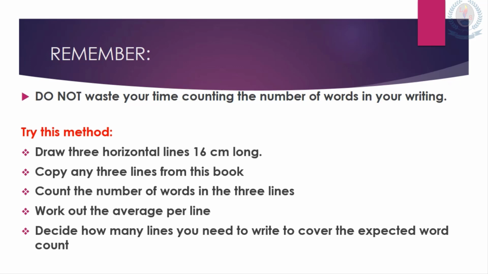If you are asked to write 200 words, you know that you have to write 20 lines to cover up the expected number of words. So, I recommend you to do this method and just know how many words you can write in an average line.